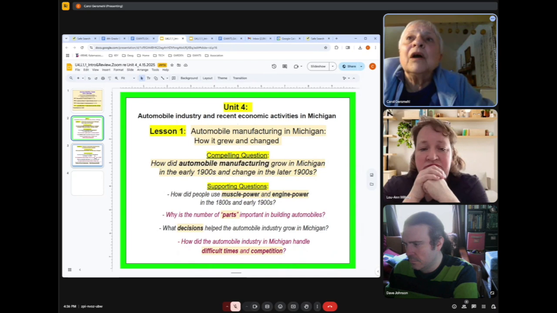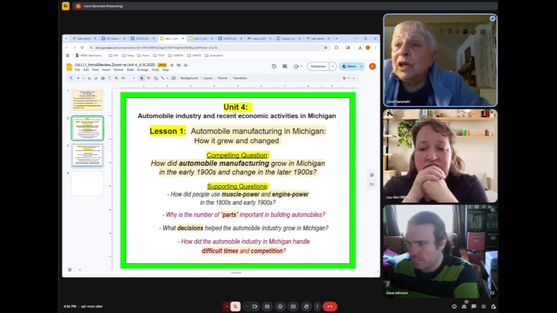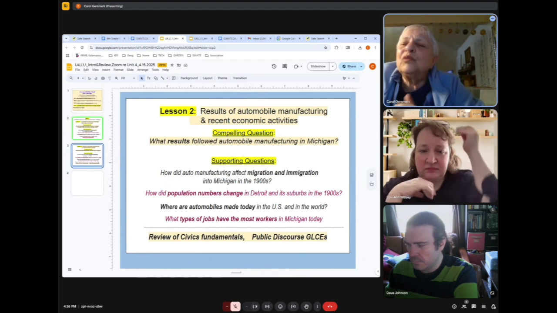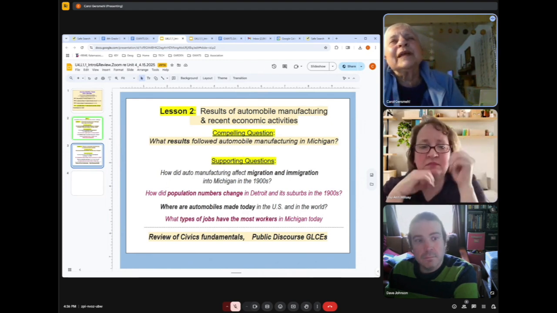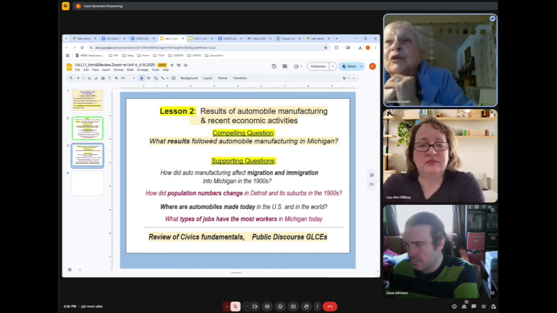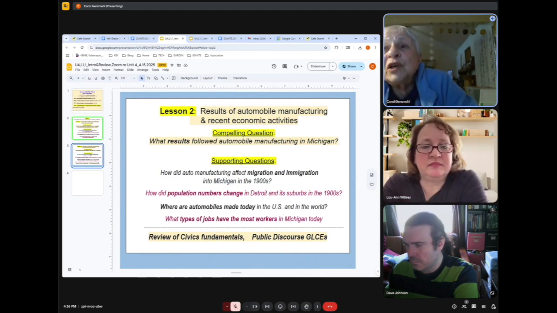We won't spend as much time on lesson two. Lesson two looks at what came after the automobile manufacturing became so important in Michigan. We will look a bit at how population numbers changed in Michigan, in Detroit, as people came to work in the automobile industry.